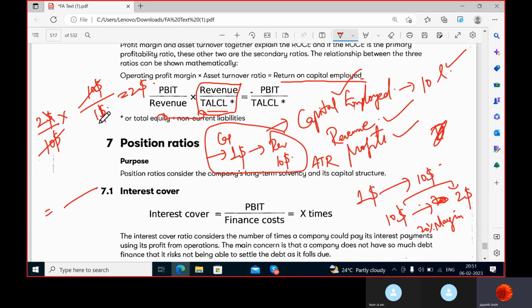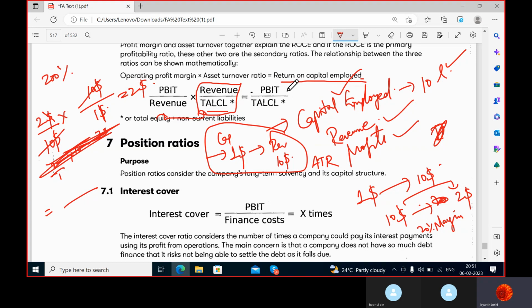If I want to find this as a percentage, I can find it in percentage form even. So 2 by 1 into 100 would be 200. Let's keep it like LHS is equal to RHS, because we are finding out return on capital employed. 200%.